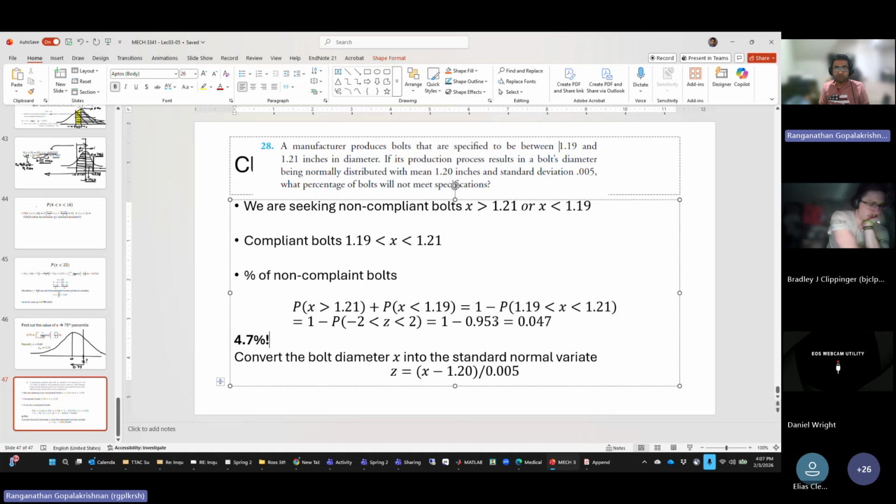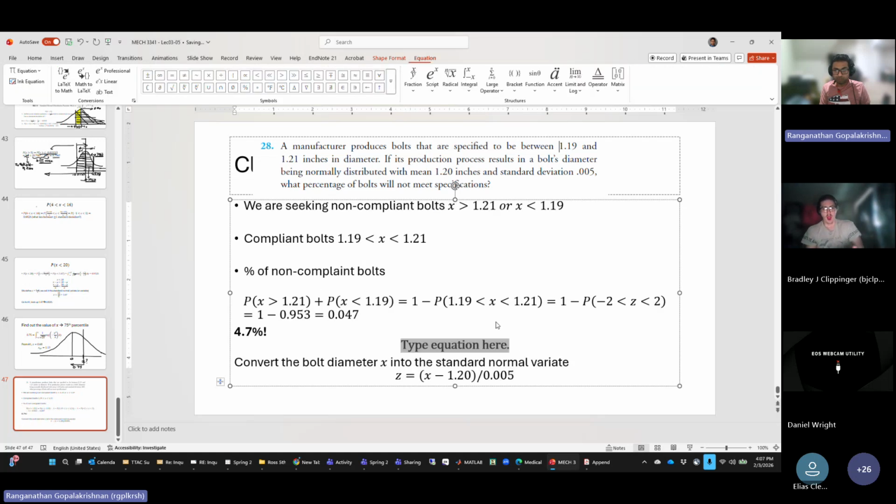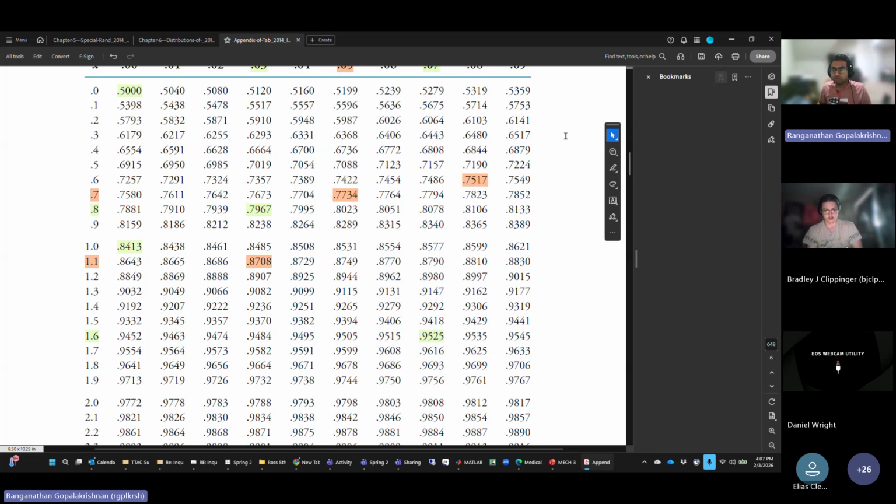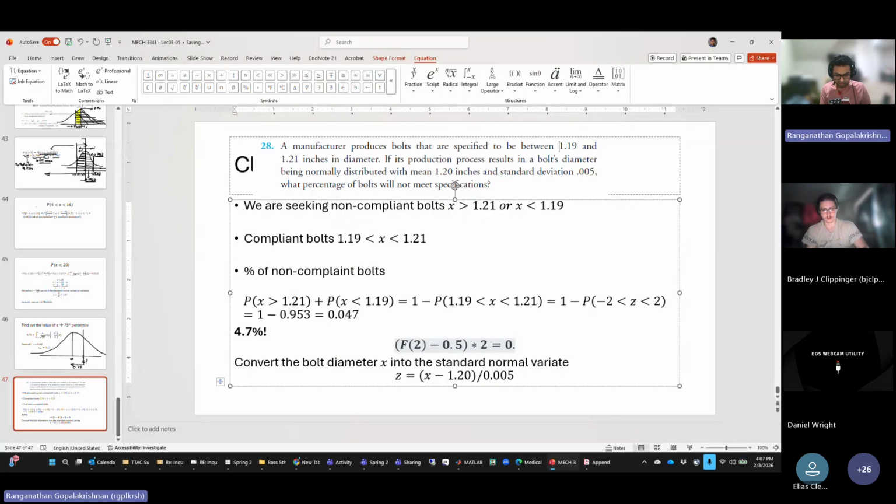So this should also be equal to F of 2 minus 0.5 times 2. We can quickly check that actually. What is F of 2? F of 2 is 0.9772. F of 2 is 0.9772 minus 0.5. That's 0.47.